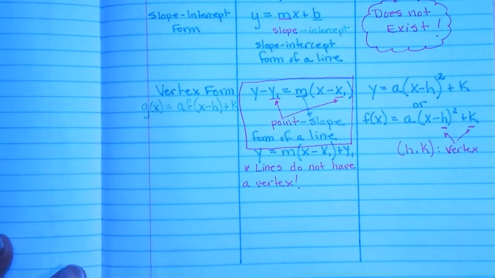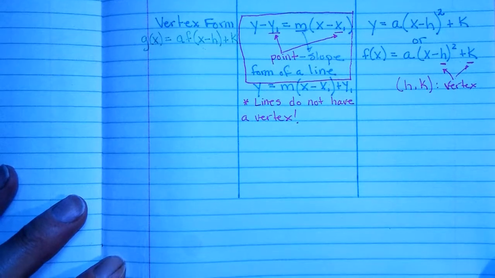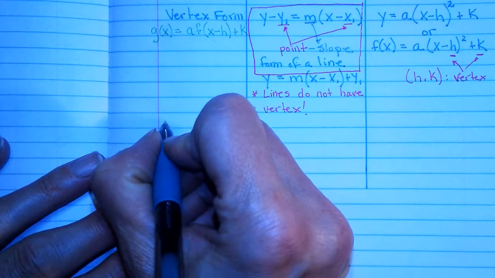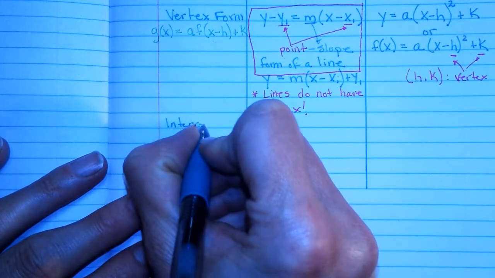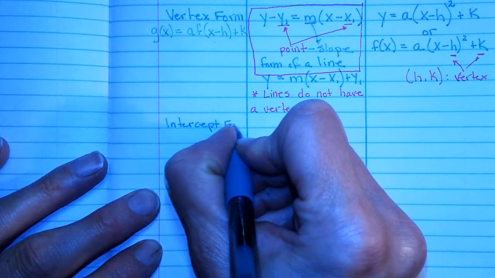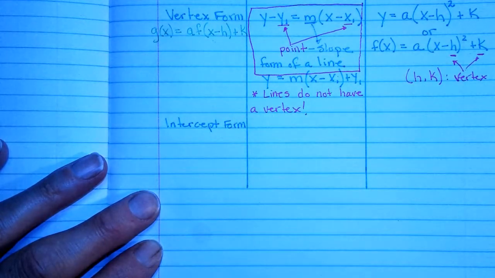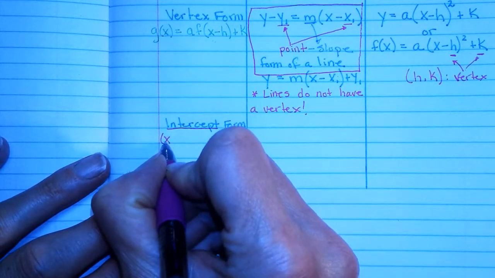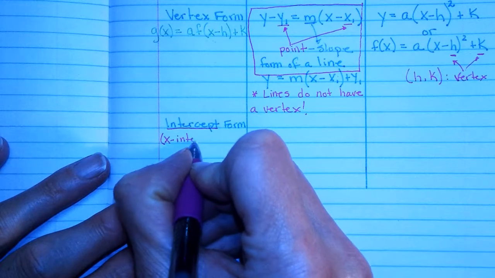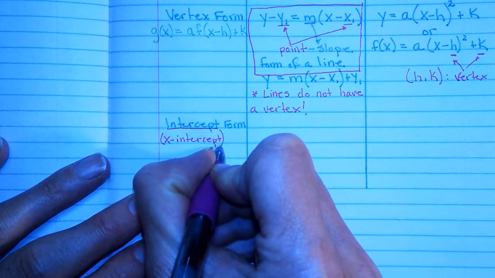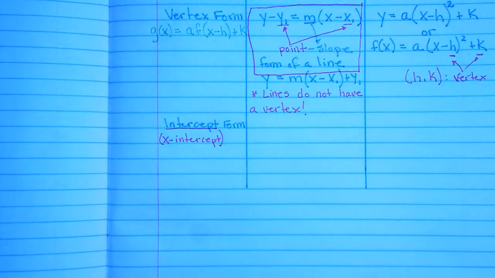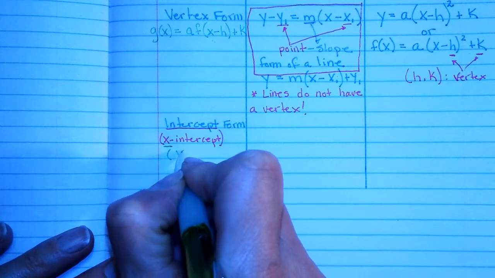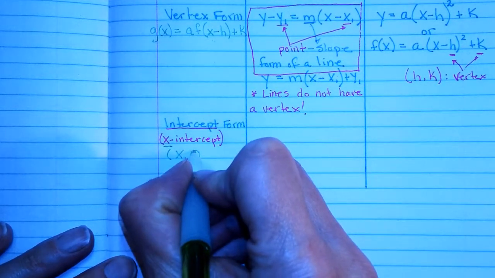So then the next form I want to talk to you about is something called intercept form. We understand that the intercept is referring to the x-intercept. So remember, when we're talking about the x-intercept, that means we're looking for x and y is always 0.